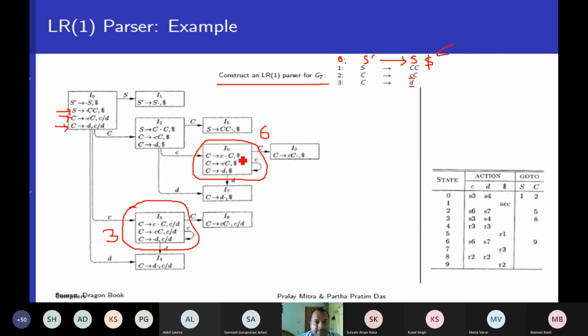In state 6, after the comma, dollar is there for all 3 items. If I do not consider that look ahead information, that is, I ignore comma C/D in state 3 and comma dollar in state 6, then you see both the states are the same. And you also admit that now they are LR0. There is no look ahead information, only the item. Any question here? It's simple, right?